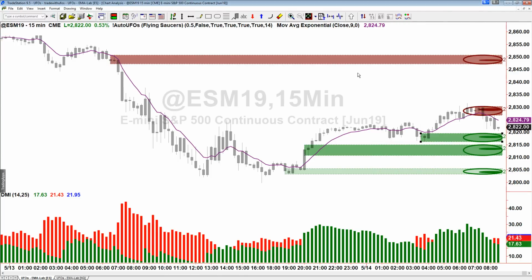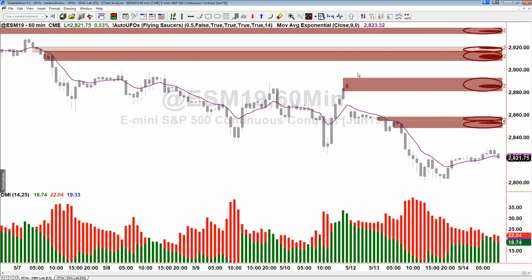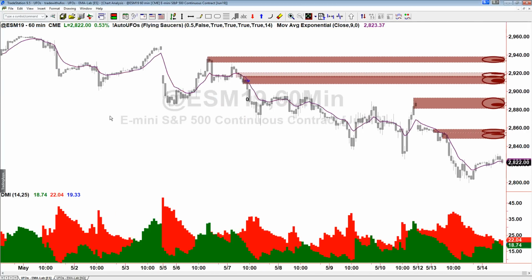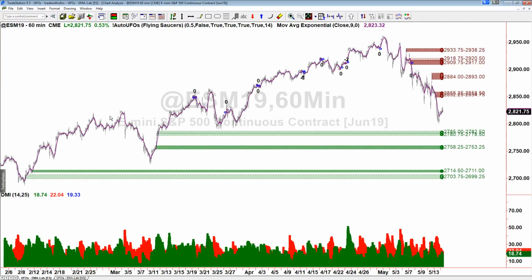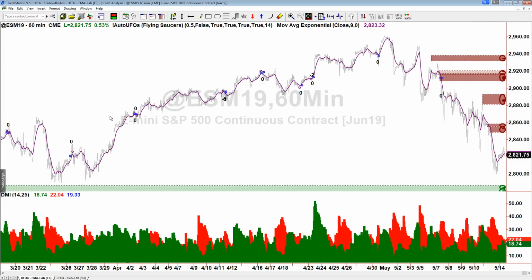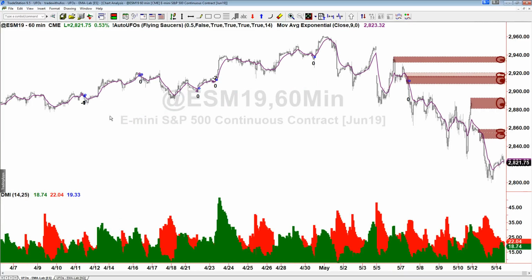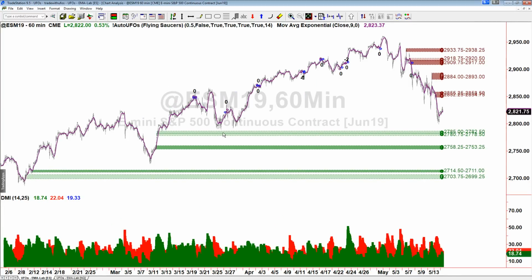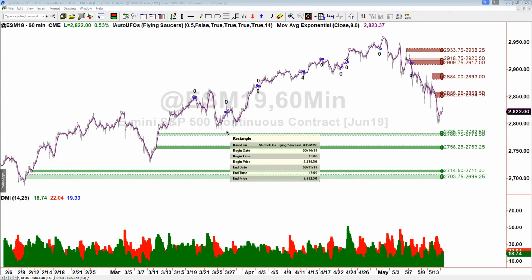But because the trend is strong, I will need to look at the 60-minute time frame. And when I look at the 60-minute time frame, actually there's not much there, until we get to the next UFO, which is located much lower. So if this happens to become a reality, which is certainly possible, we may be talking about setting targets located at 2786.5.